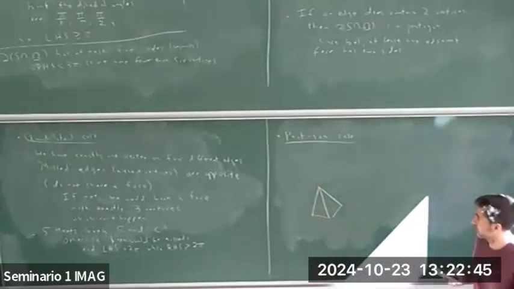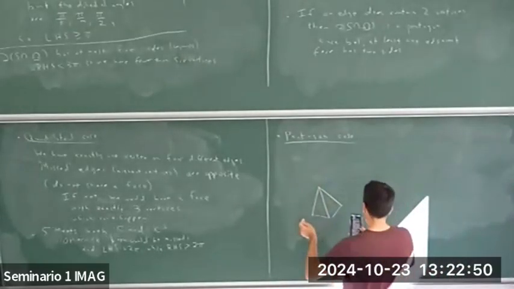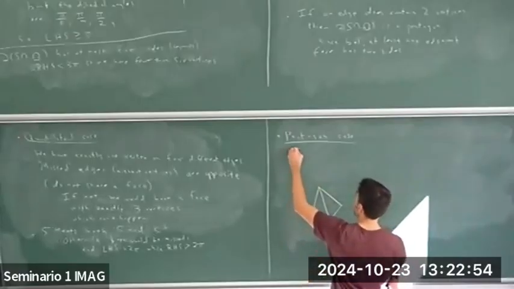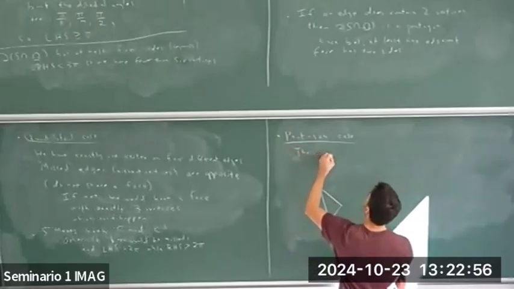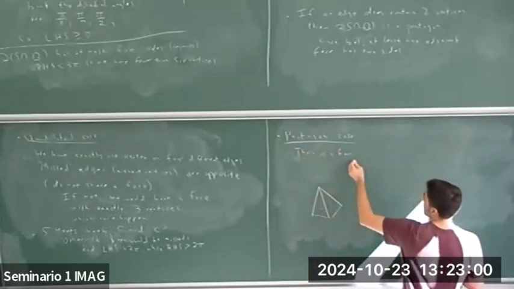Try to draw a generic tetrahedron to describe it. Let's see. Okay, so one observation is there's a face with 2 edges.